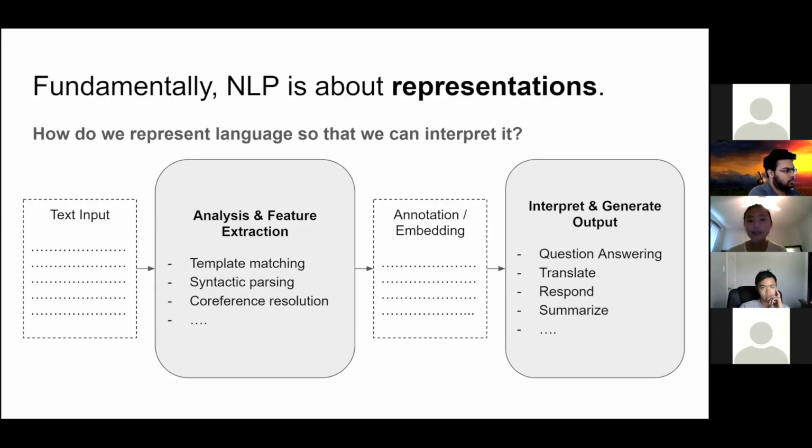And then once you have some sort of sensible annotation or embedding, it becomes much easier to pass it through a system that can interpret and generate output, because you've taken this amorphous thing and you've given it structure by converting it to vectors or just tagging it with things that you would expect to see and that you can build a rule-based system off of.